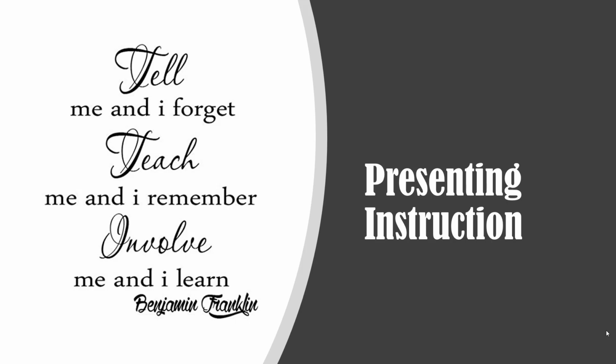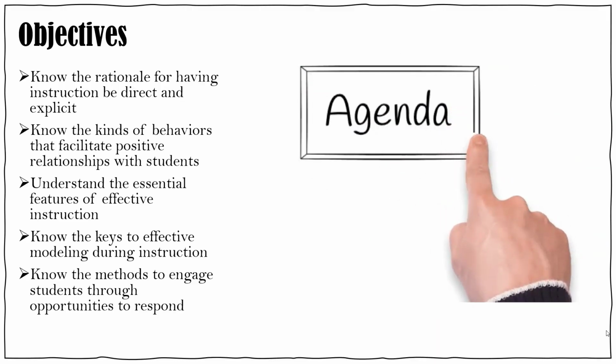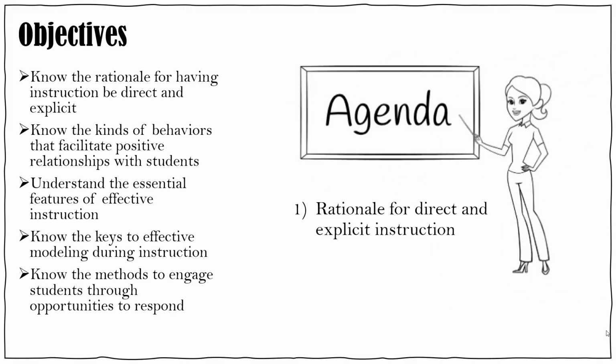In this video, we're going to be talking about how to take everything that you plan for in your lesson planning and how to actually present that. So our objectives are here on the left. For our agenda, we're going to be talking about the rationale for direct and explicit instruction. Then we're going to talk briefly about relationships.